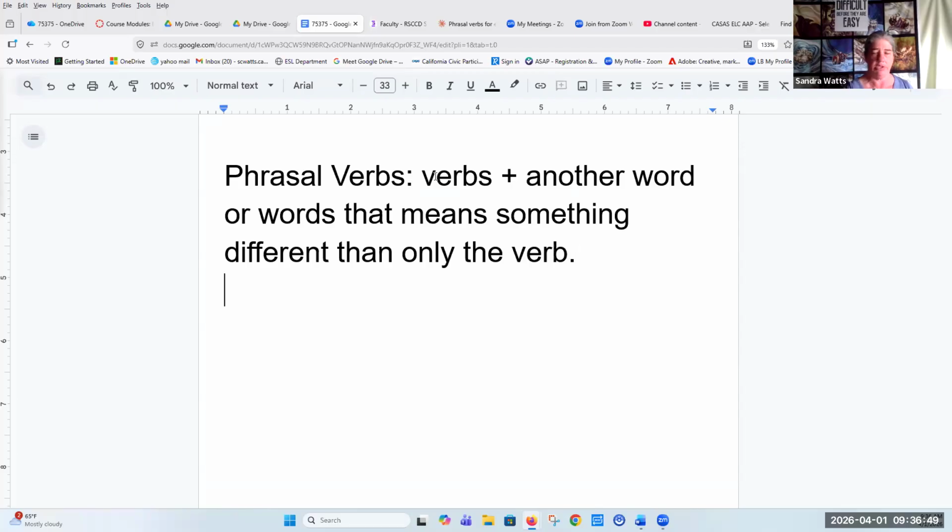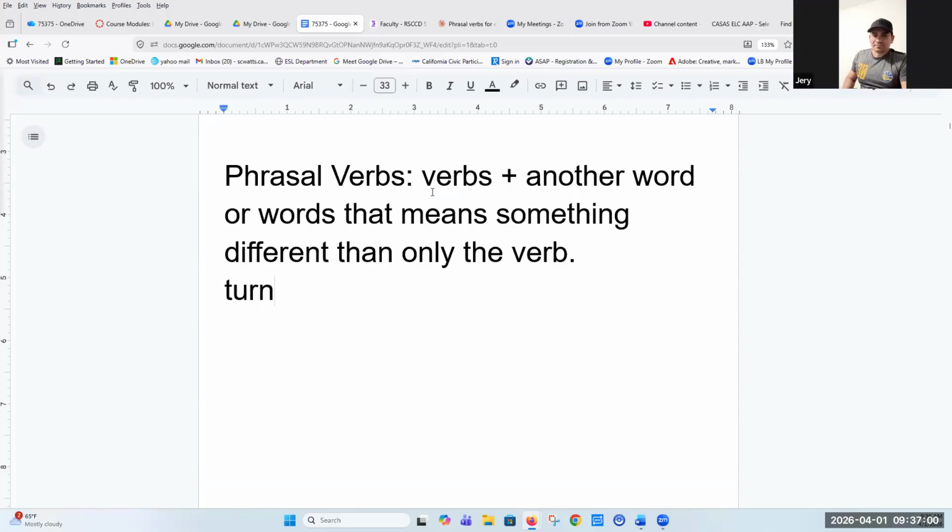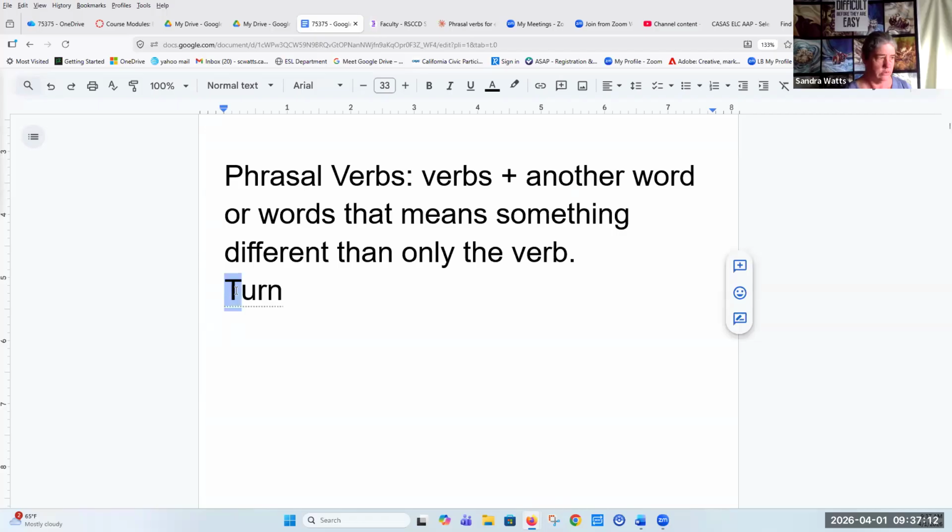I'm going to give you a couple of real simple examples that you probably already know. For example, turn. Everybody knows this verb, turn? But if I use a phrasal verb, turn on, turn off.